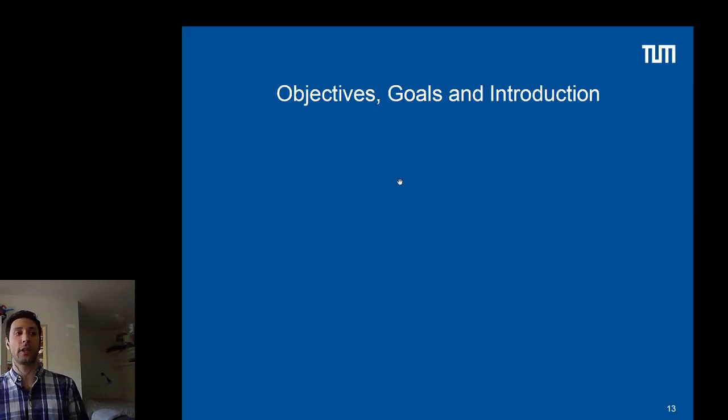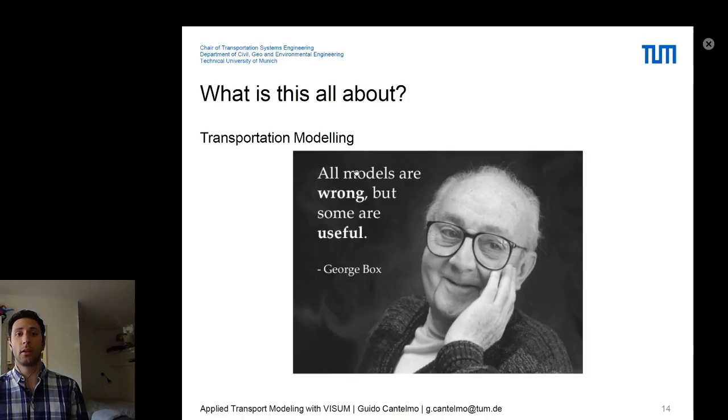Okay, now that we finish with the, let's say, bureaucracy and the practicalities about the project, we can go through the main content of this course. So, what are we talking about in this course? We are talking about transport modeling. What is transport modeling?